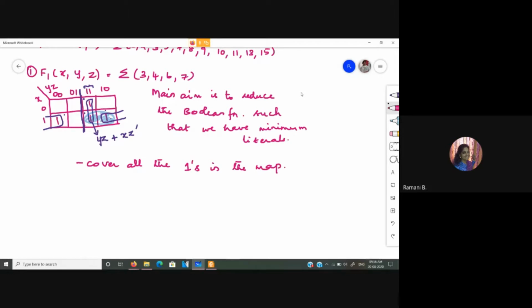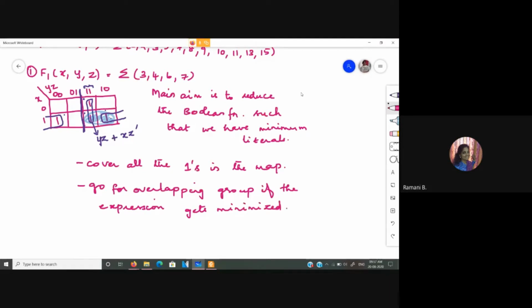We usually go for overlapping groups only if the expression gets minimized further. Otherwise, we will never go for overlapping.